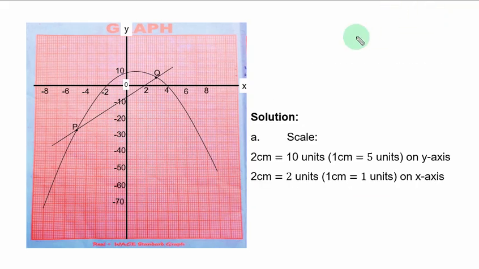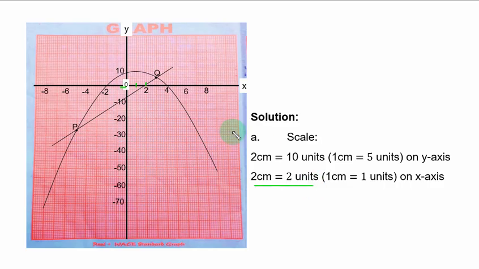Solution. The A part is to state the scale. So start from the origin. From the origin to the end of the first box is 1 centimeter. Then here is 2 centimeters. What it means is that on the x-axis, 2 centimeters combined is 2 units. So you have 2 centimeters equal to 2 units on the x-axis.